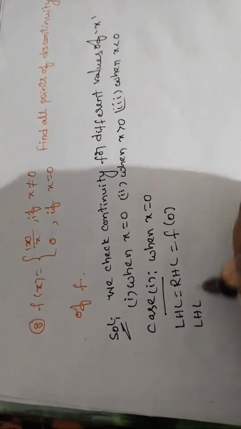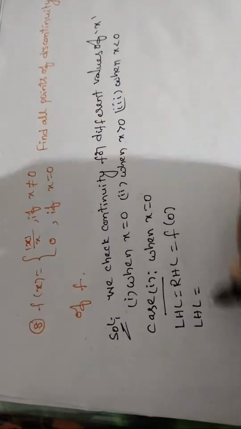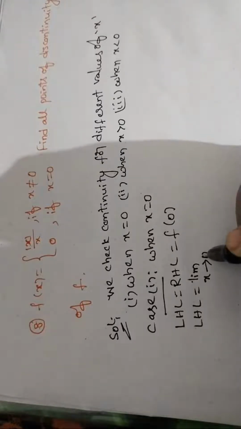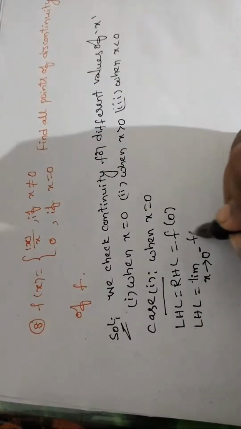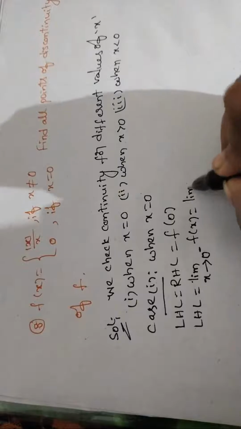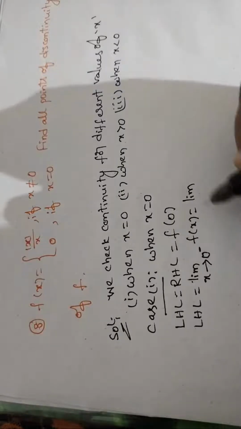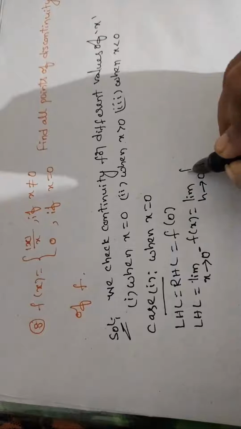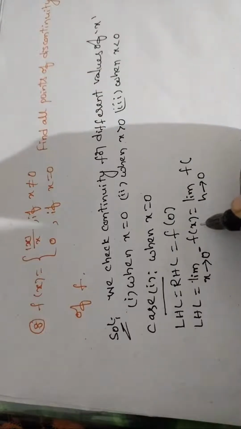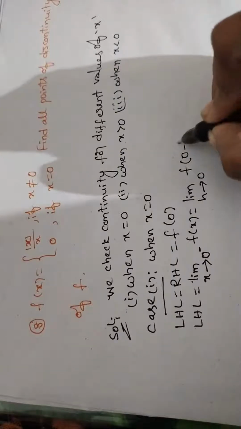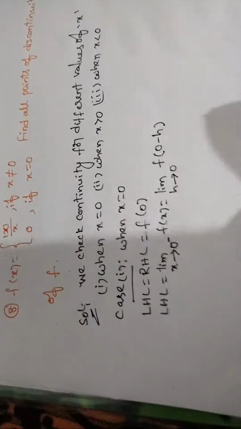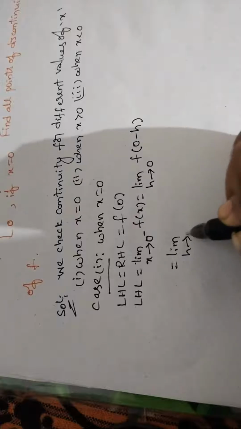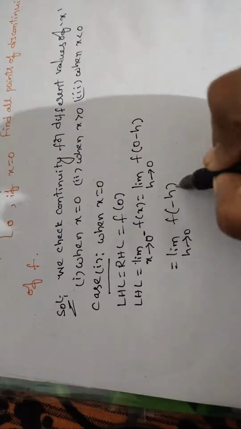The formula for LHL, the left hand limit at 0, is limit x tends to 0 minus f of x, which equals limit h tends to 0 of f of 0 minus h, that is f of minus h.